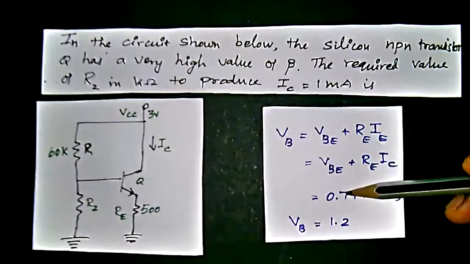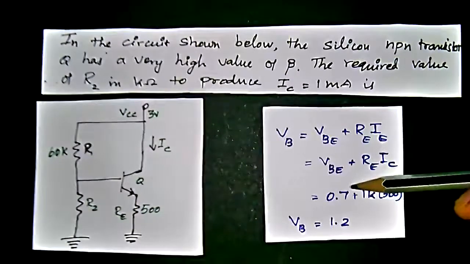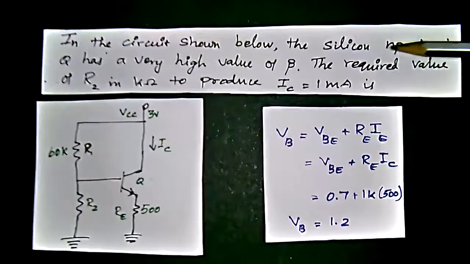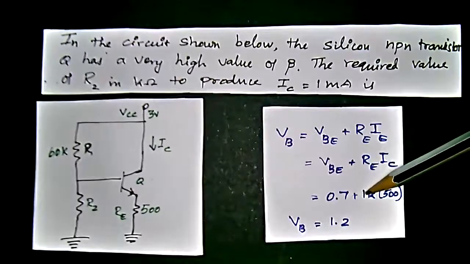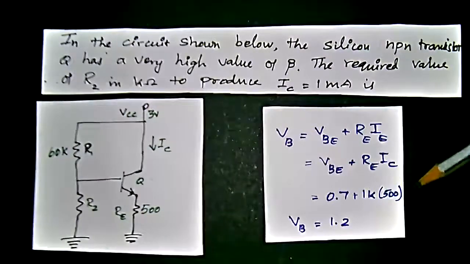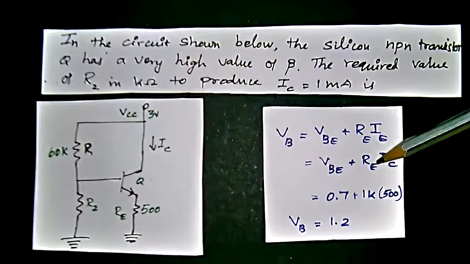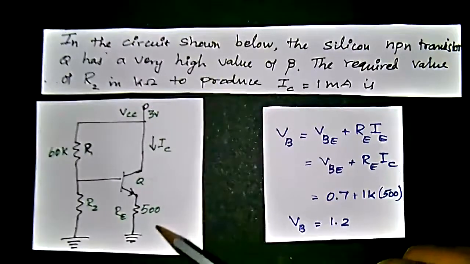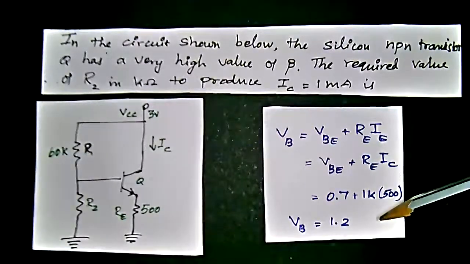VBE is 0.7, because the data given to us is a silicon transistor, and a silicon transistor has a base emitter voltage of 0.7. For germanium we know it is different. We found the RE value, given as 500 ohm.